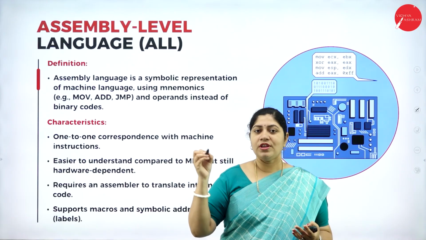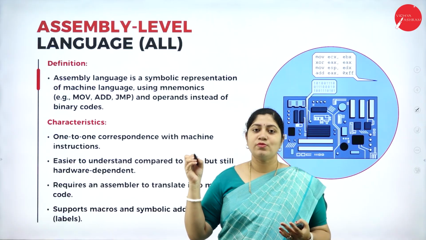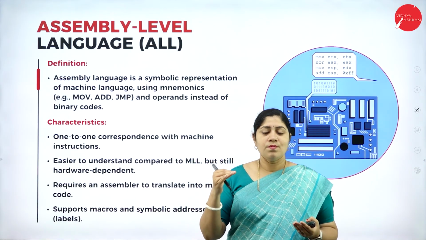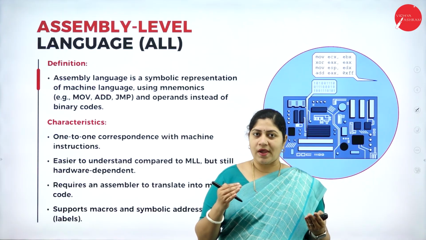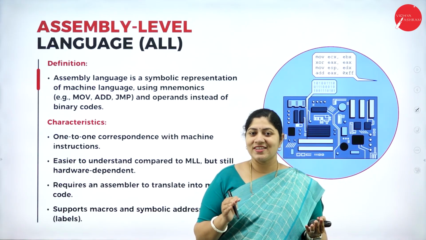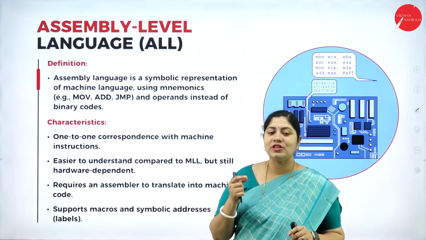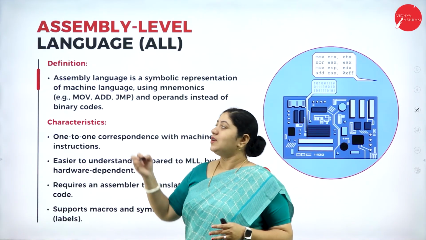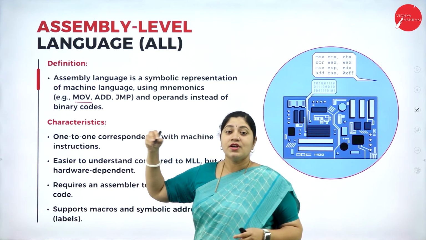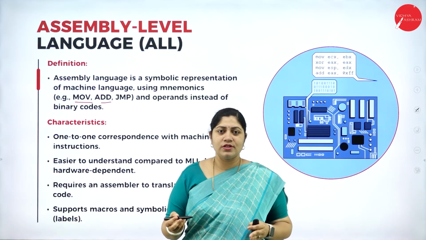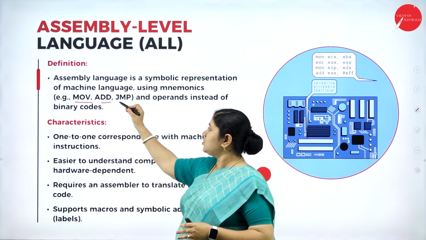So yes, how many letters is the word move? It's a 4-letter word, correct? So now, in order to minimize and make it compact, can this move be made compact? Yes, the compact word which we can utilize to feed into the computer is MOV, correct? Similarly, in order to add, we can use ADD, and in order to jump, instead of JUMP, we can use JMP.